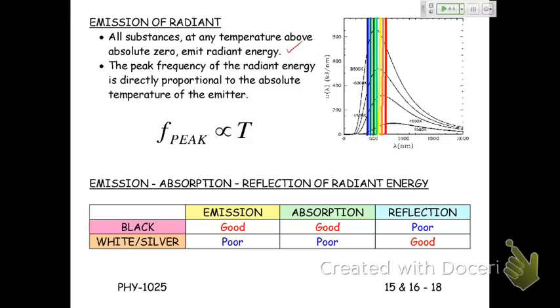The peak frequency, that's the top of this peak, depends upon the temperature. We can say that higher temperature means higher frequency. Higher temperature, bluer. Now this is backwards. We think of hot as being red and cold as being blue. But in radiation terms, hot is blue and red is cold.